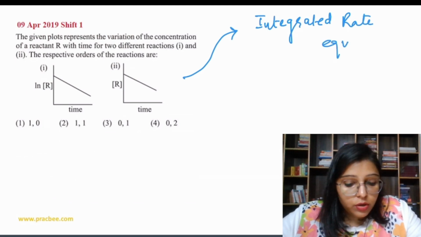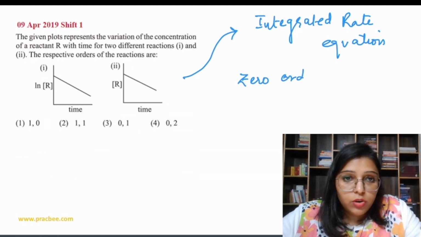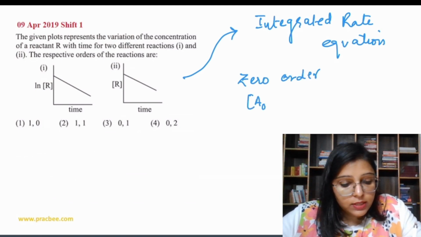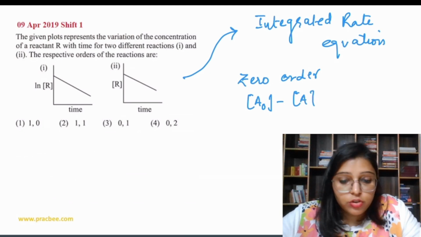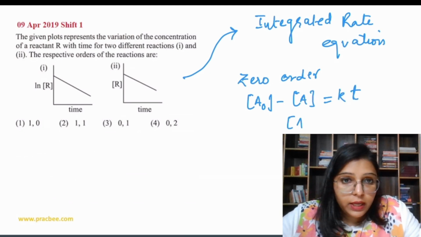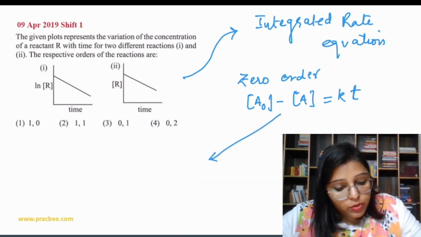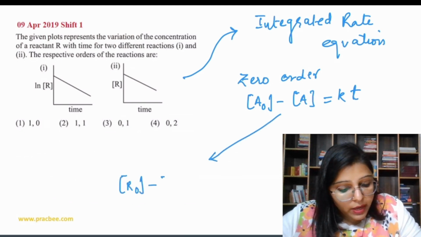So for zero order, the initial concentration minus final concentration of reactant is equal to Kt. We can also transform this equation as R naught minus R is Kt.